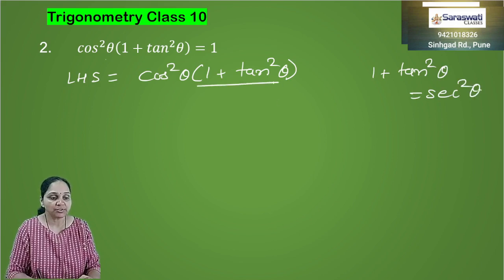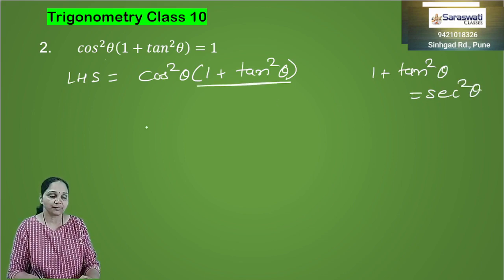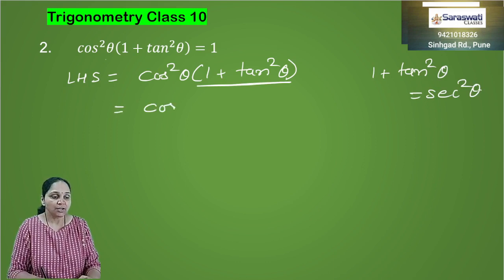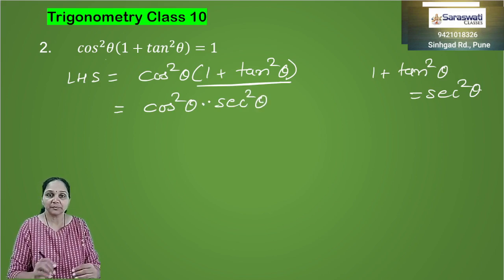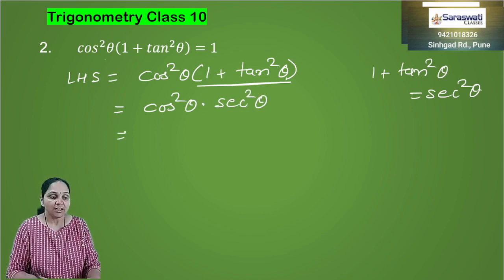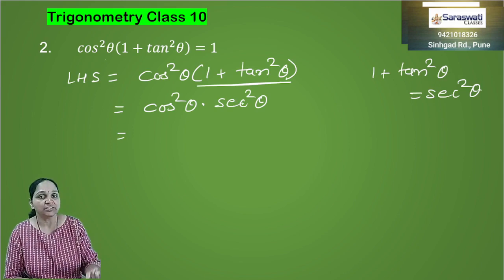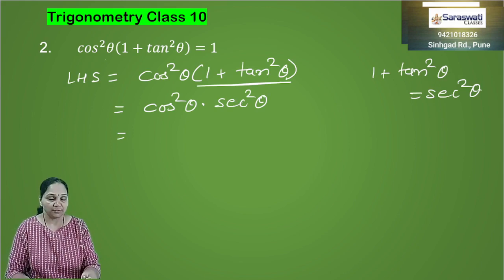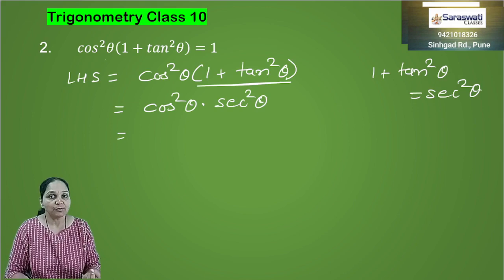So substitute sec square theta for this bracket, and hence cos square theta into sec square theta. This dot represents multiplication, and we know cos theta into sec theta is equal to 1. But if you don't remember, you can do it like this.